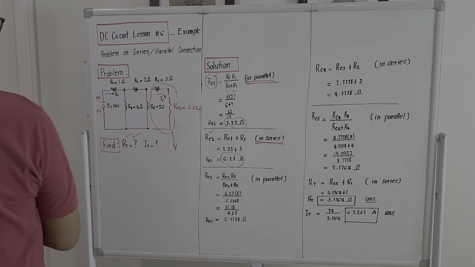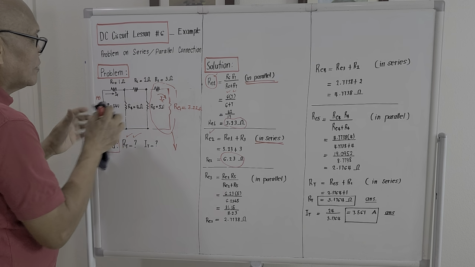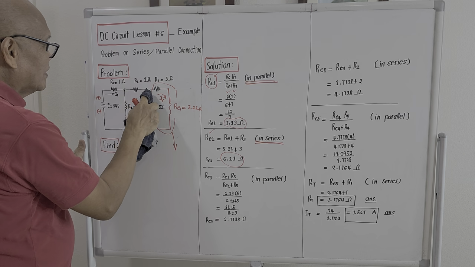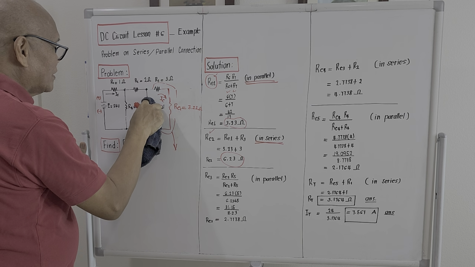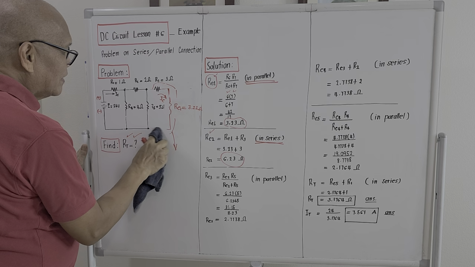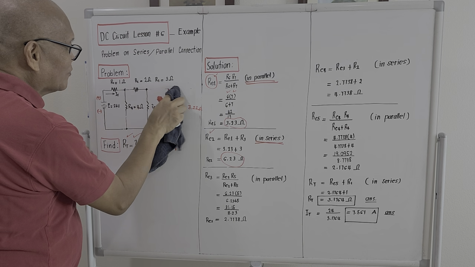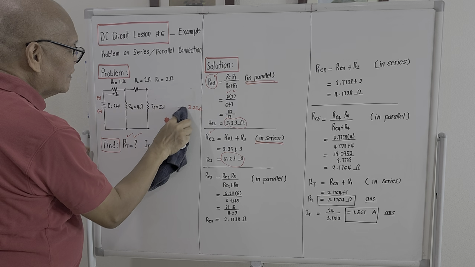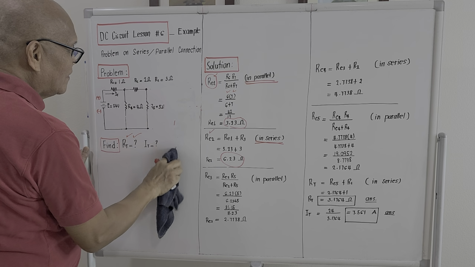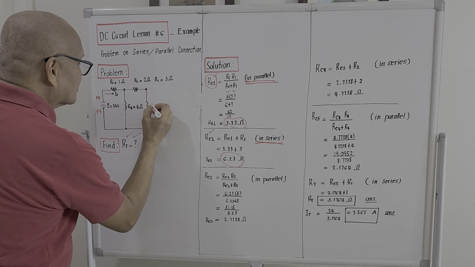Since we know the single equivalent of R3 and this RE1 now, we can proceed to erase them, right? We'll put the computed value RE2. Okay? We erase it again. We know the single equivalent already. That's R sub 5, right?